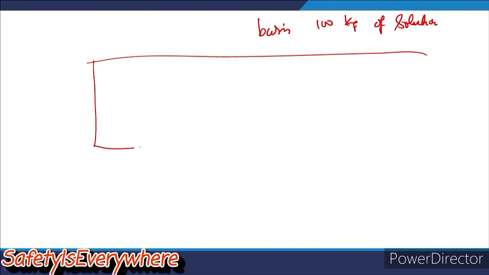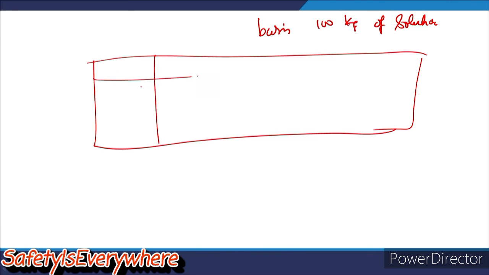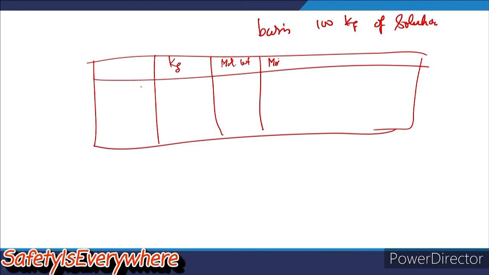Here let us assume that we have a basis of 100 kilograms of solution. To ease our calculation, we draw a table here. We have the kgs, which is given, then the molecular weight of the component in question, then the moles of those components involved in this solution, and then the mole fraction.